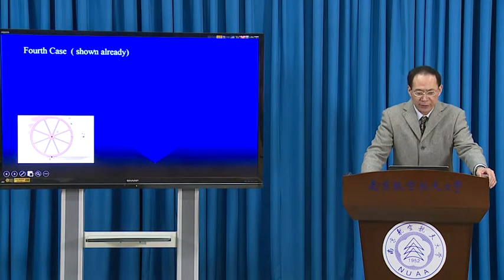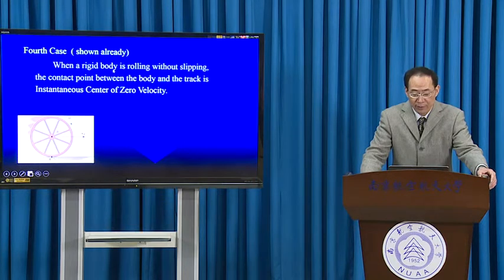Now the final case here is the fourth case, which has already been shown. When a rigid body is rolling without slipping, the contact point between the body and the track is the instantaneous center of zero velocity.